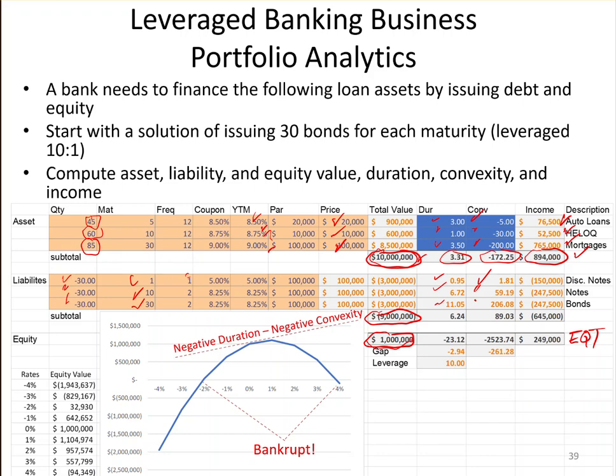If they do that, the net position is they're long $10 million of assets and short $9 million of bonds. For that $1 million of equity, the weighted average duration is negative 23 units, the weighted average convexity is negative 2,500 units, and their total interest income, including the interest they receive from the assets and the interest they pay on the bonds, is $249,000 a year. So let's take a look at this spreadsheet, and then we want to try to optimize it and think about the risk profile.